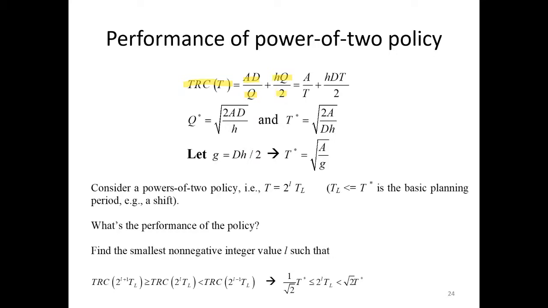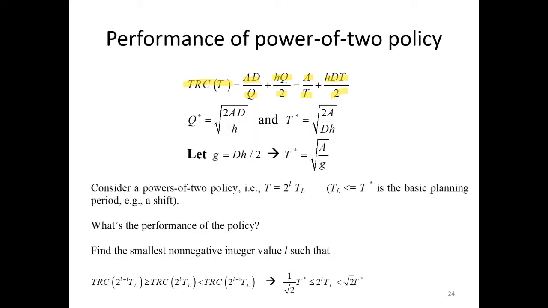Now, we can actually replace Q over D by the value of T, which is the order cycle. This means we can re-express the total relevant cost function as a function of the ordering cycle T as such. It's going to be A over T plus H D T over 2.